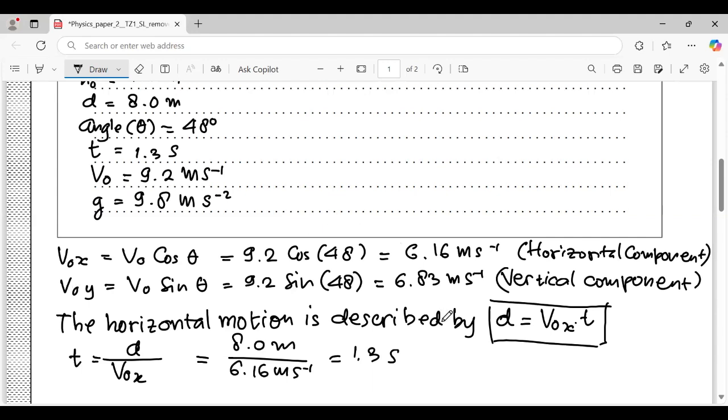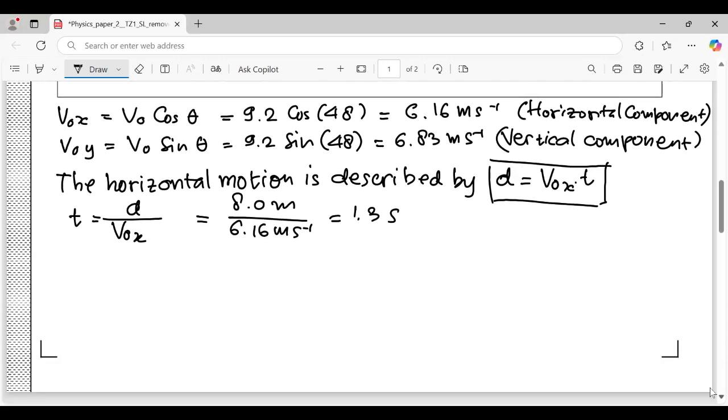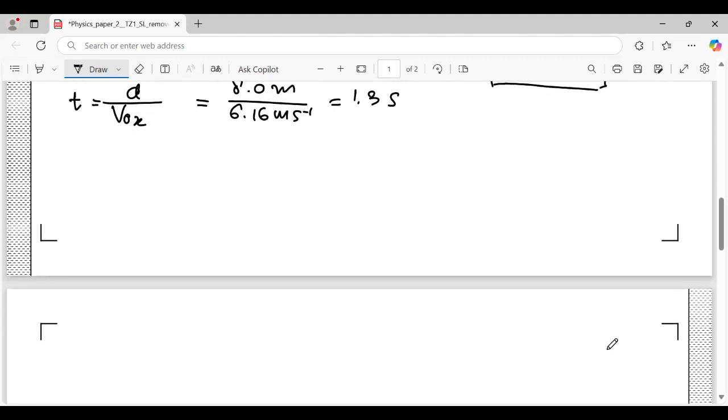Now, after that, the vertical motion, because if we are going to determine h, we have to use the vertical motion.